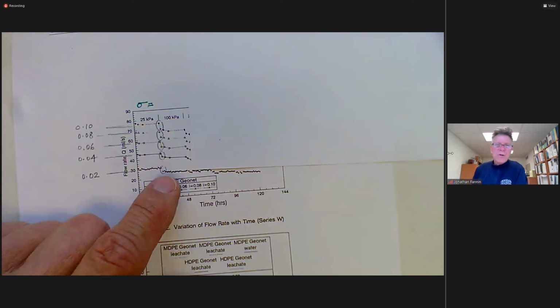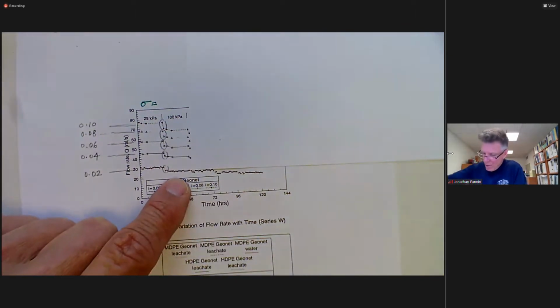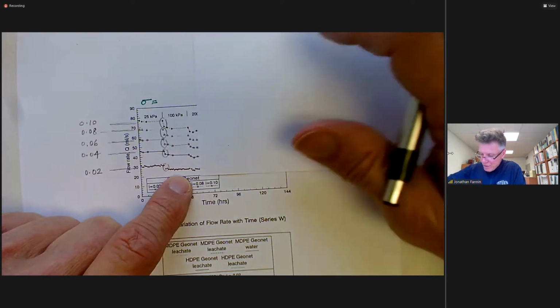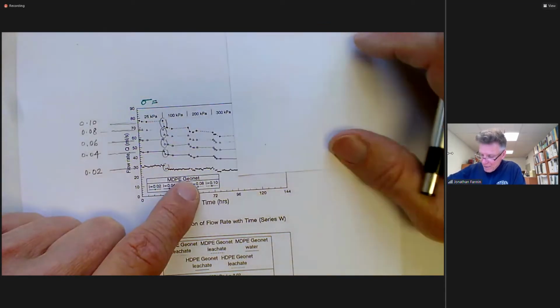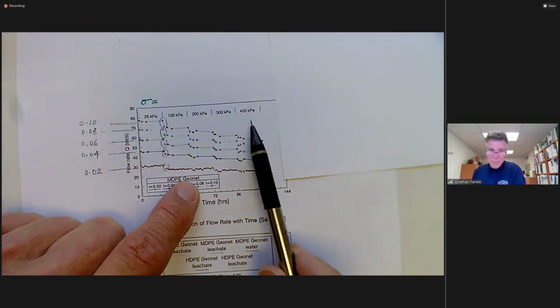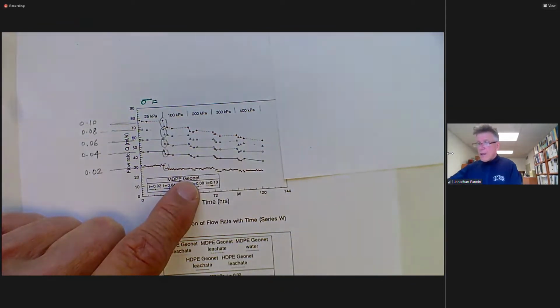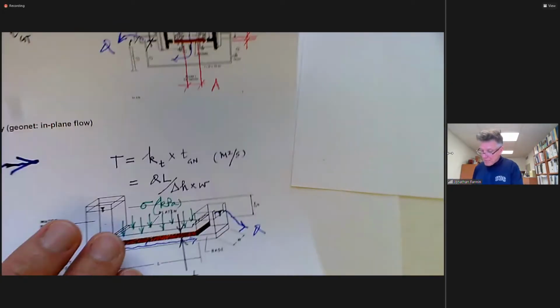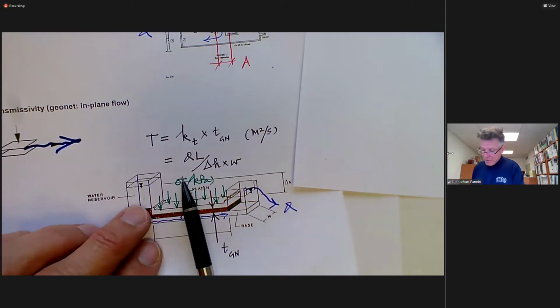Depends how much we really want to try and read into these data. But let's up the normal stress again, 200 kPa. Let's up it again, 300 kPa, and indeed let's up it to 400 kPa, which is beginning to become a sizable surcharge load through the platen, 400 kPa sitting on top of the specimen.